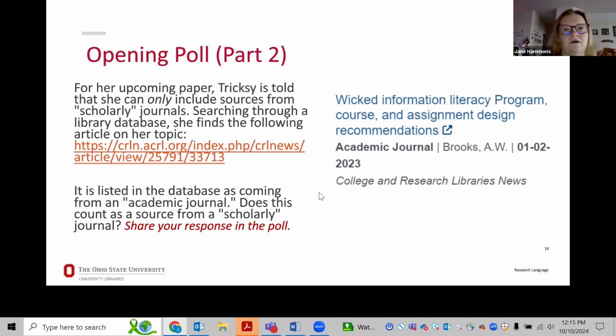Let me go back one more time. Relaunch poll. All right, maybe now folks are seeing the poll. There we go. Sorry about that. So our question is, does this count as a source from a scholarly journal?